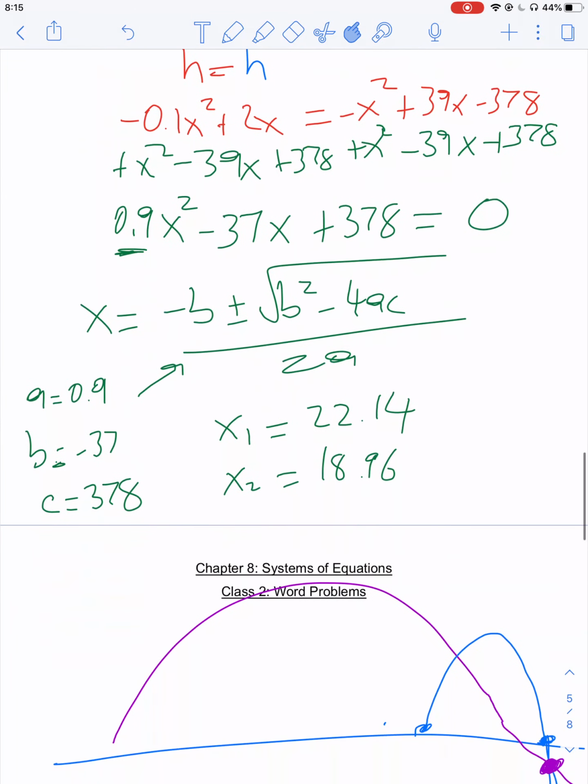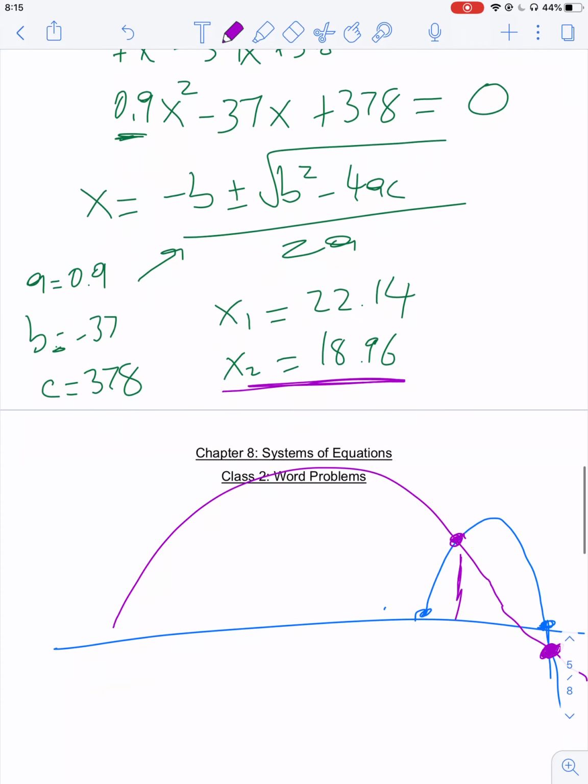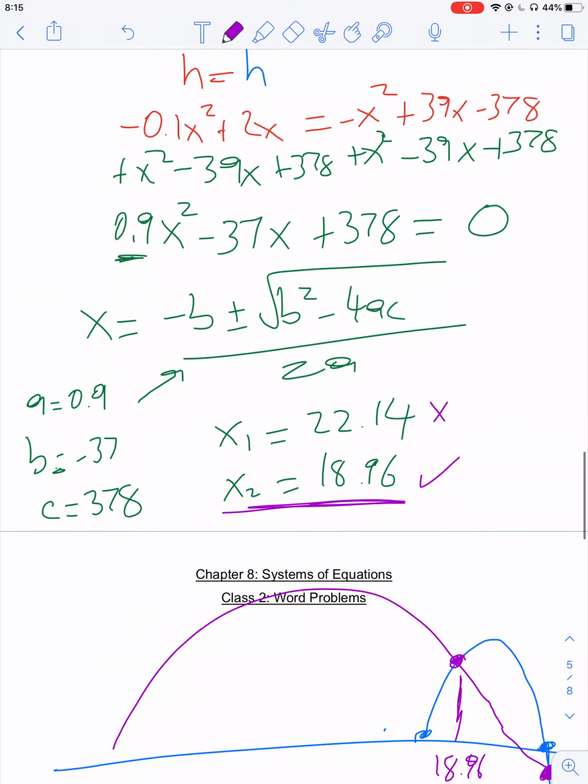I think this would be your solution because this one comes before, right, the x value. This one I'm assuming is 18.96, and the other one would be 22.14, right? This comes after. So the point that comes after, I will probably have to reject, because this point will give me a negative h value, okay? And let's verify that.